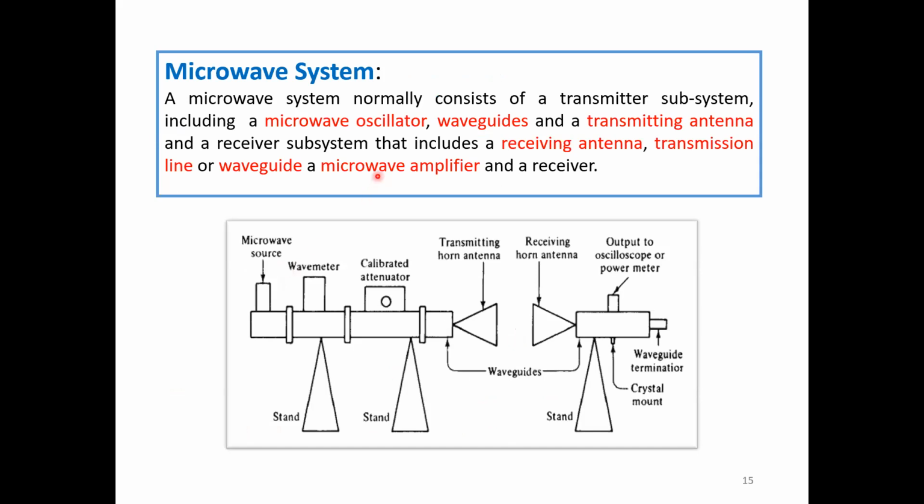The microwave system normally consists of a transmitter subsystem, including a microwave oscillator and waveguides. You can see this in the laboratory.